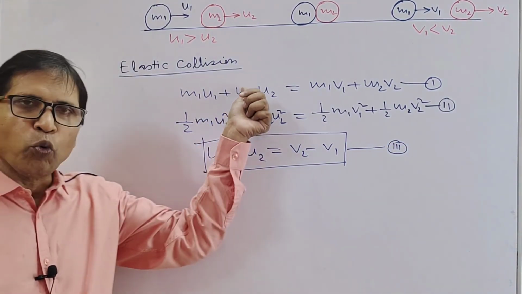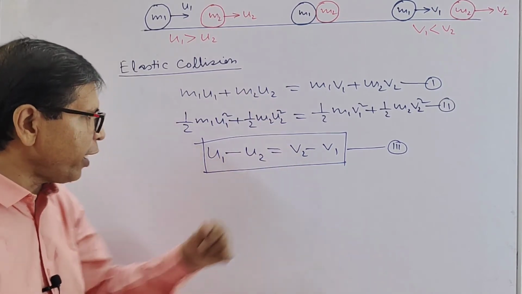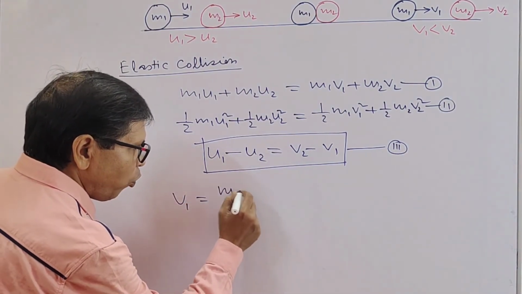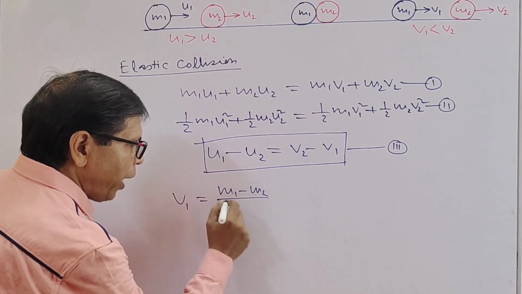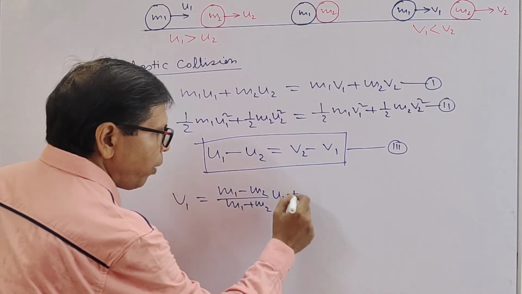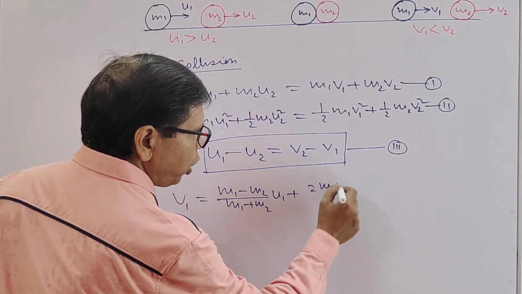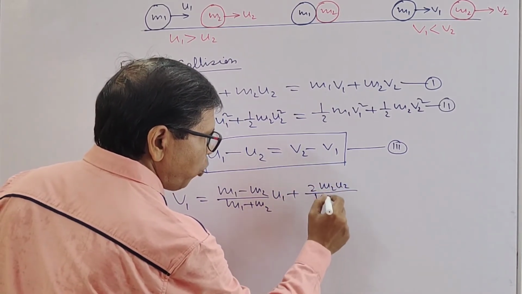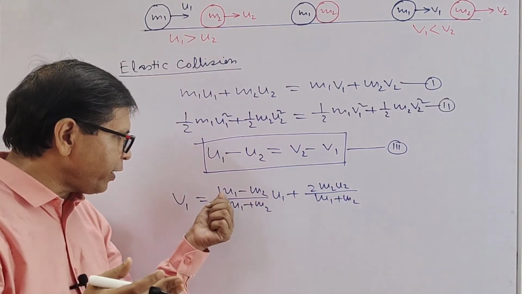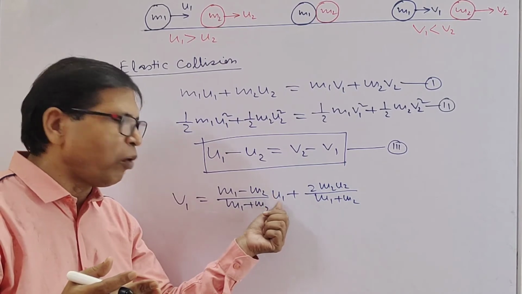Now from equation 1 and equation 3 we can get v1 is equal to (m1 minus m2) divided by (m1 plus m2) into u1, plus 2m2 u2 divided by (m1 plus m2). v2 is obtained by interchanging m1 and m2, and u1 and u2.